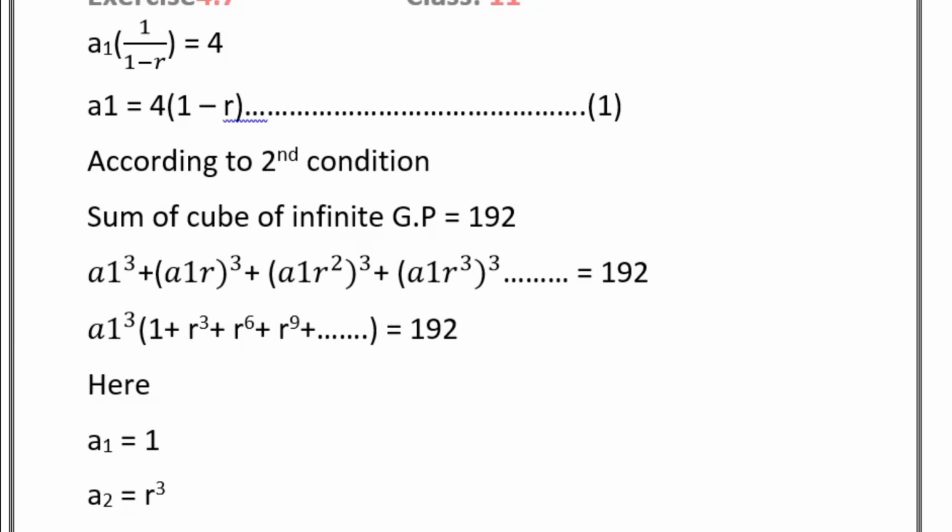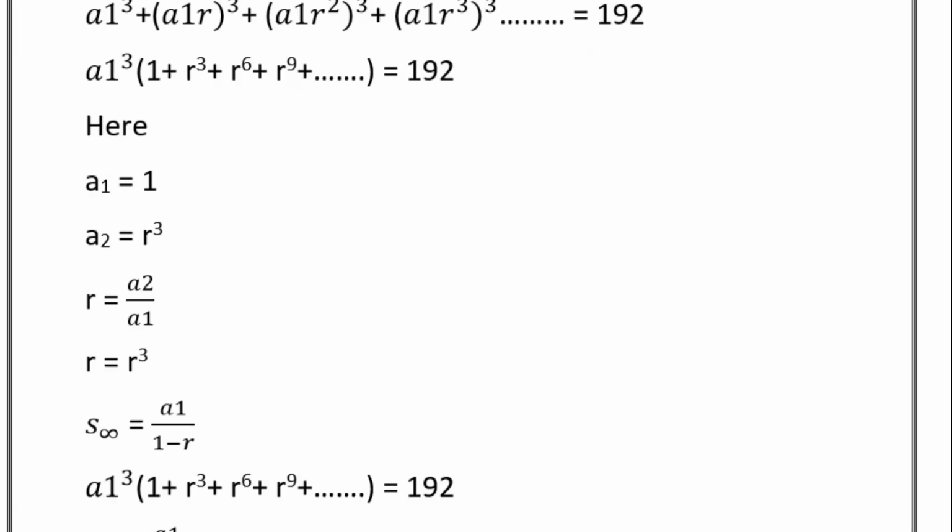So 1 plus r cube plus r 6 plus r 9 plus up to so on is an infinite series, with first term a1 equal to 1, second term a2 equal to r cube, and common ratio r cube.